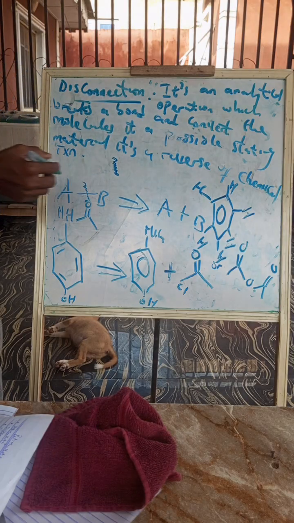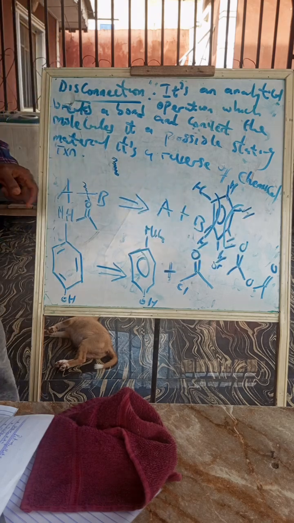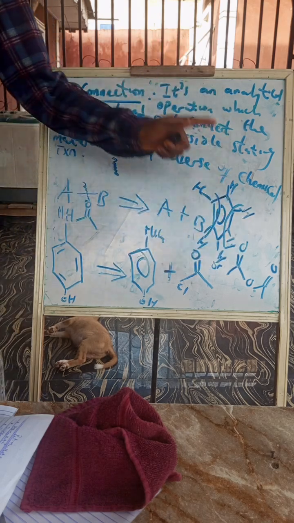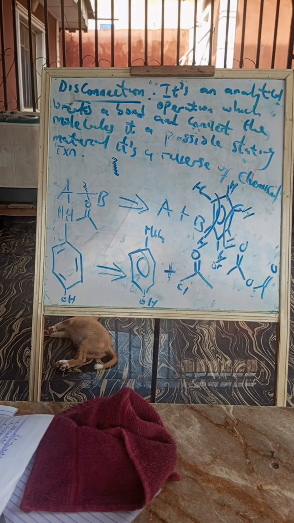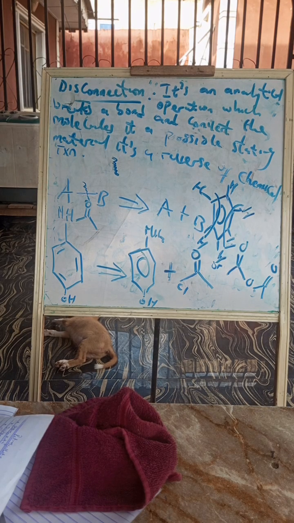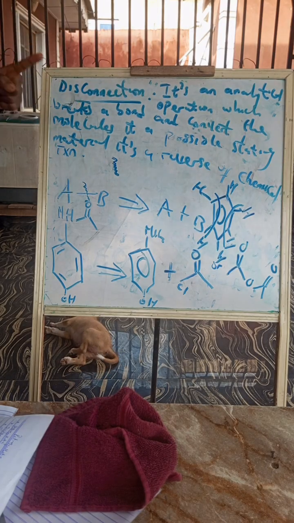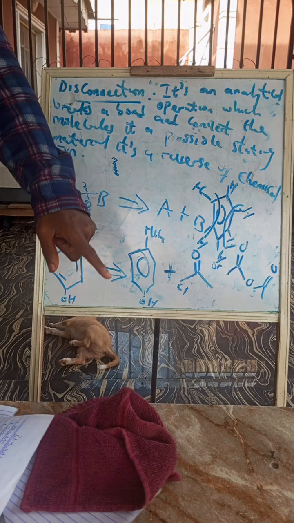If you cleave by the left or by the right, all the hydrogens here represent a single environment. So in disconnection, in retrosynthesis, you don't just disconnect, you disconnect based on certain principles, based on the reagent you are using.